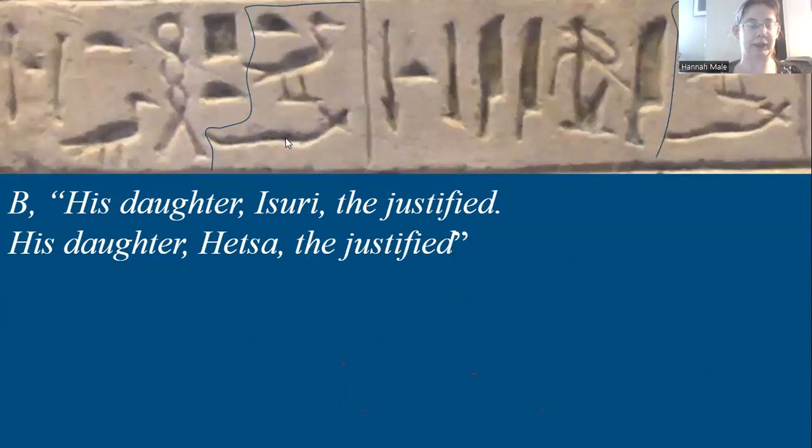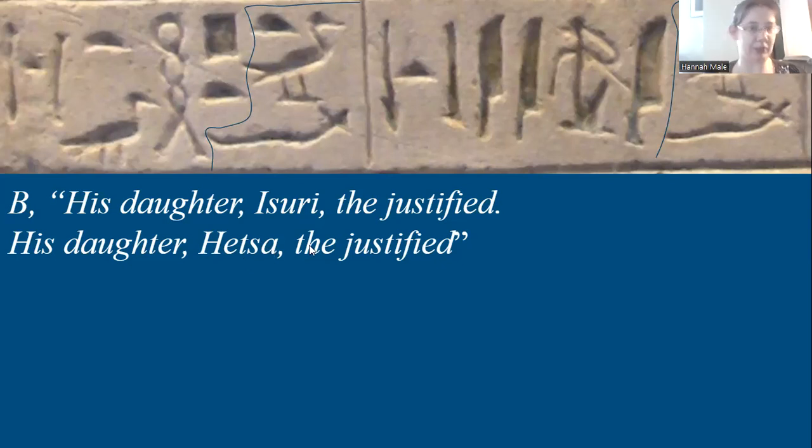So, because it says his daughter, and then his daughter again. And so then it gives these two women's names, Isuri and Hetessa. I don't know my hieroglyphs well enough yet to tell you for sure which register has the name Isuri and which register has the name Hetessa.